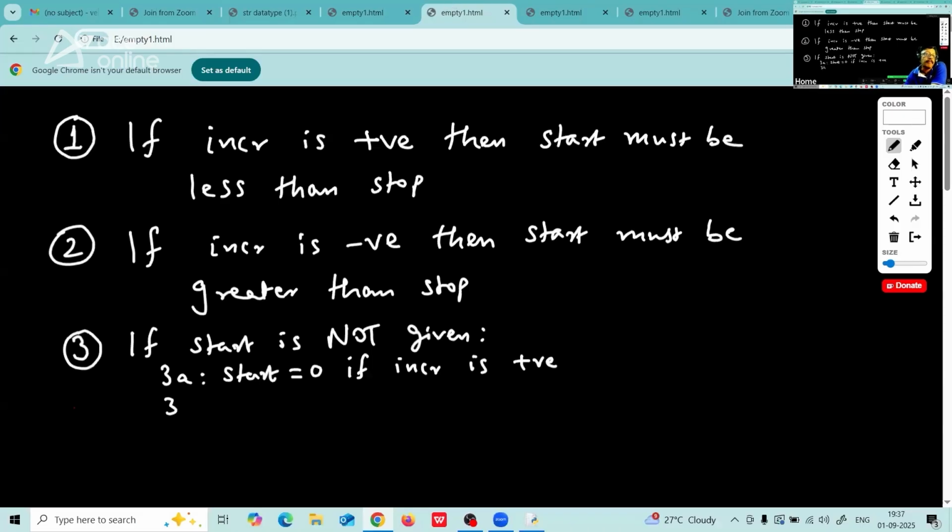And 3b, start is last index if increment is negative. I appeal to all of you, write this down. This will be fruitful for you.